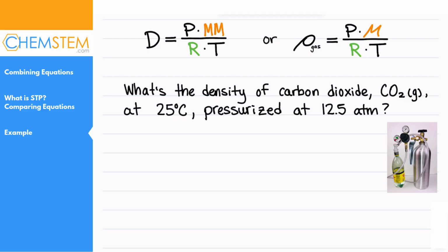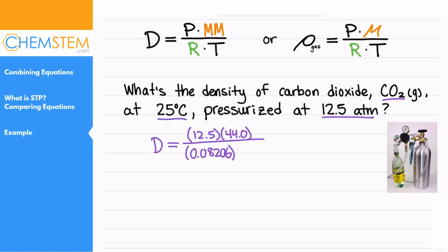So to do this question, we would say, well, D is equal to, we know the pressure is 12.5 because it's here, and we know the molar mass of CO2 is easy to calculate. It's C plus O. That's about 44.0 grams per mole. And we would divide that by the value for R, which is 0.0821 or 0.08206 if you want to have a little extra digits. And then, of course, the temperature is not correct.